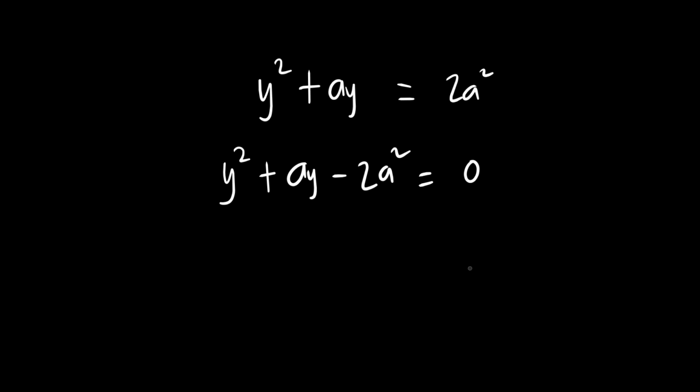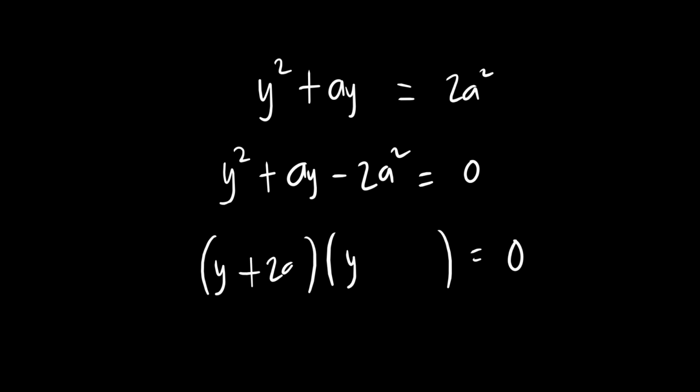After this, we will factor. Our goal is to find the value of y. So it should be y and y. For negative 2a squared, we'll have a positive ay, so it should be a positive 2a and a negative a, right?